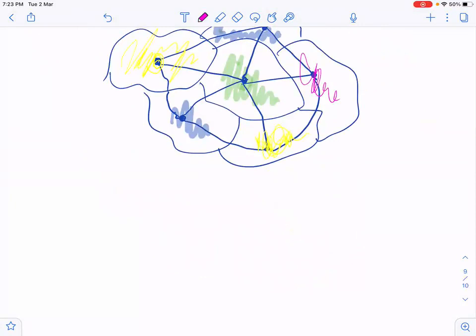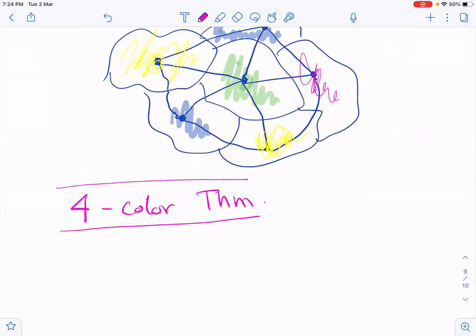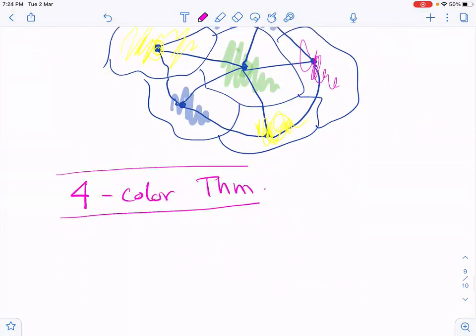Okay, this is a very famous theorem, which says that any planar graph can be colored with four colors, or in other words, any map can be colored with four colors. This is a hard theorem to prove. This is one of the very hard theorems to prove. Okay, we will not be proving that.